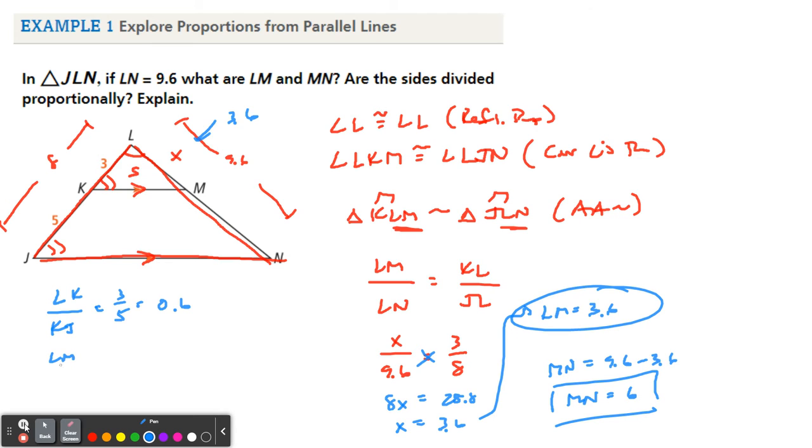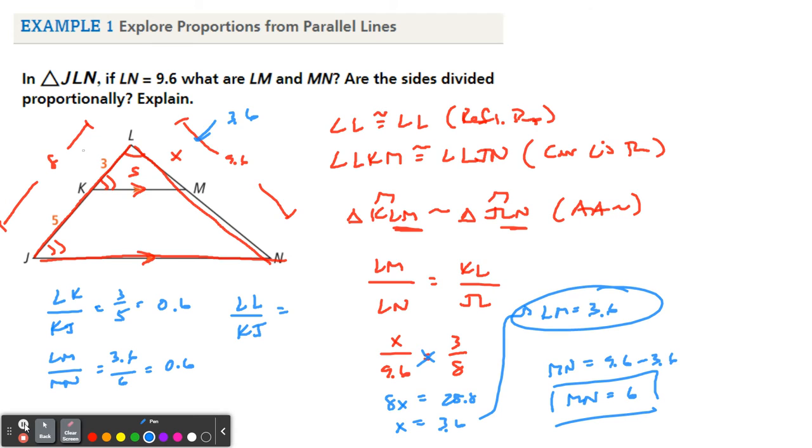And now let's do LM over MN. That would be 3.6 over 6. And when you divide those, you also get 0.6. So what this is telling you is that LK over KJ, right?